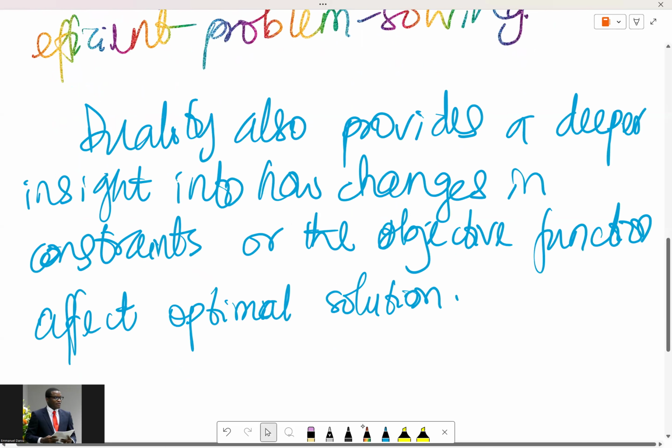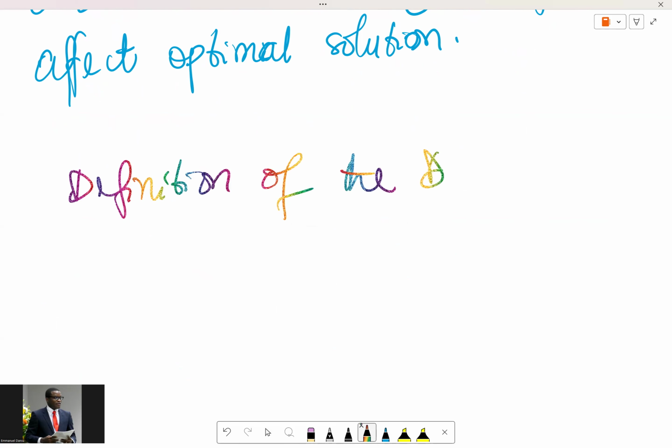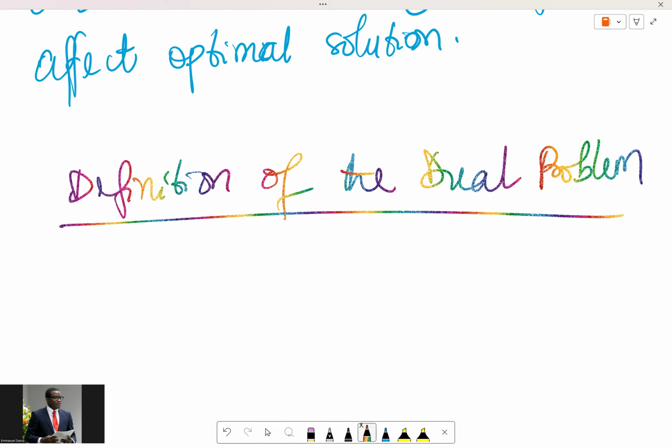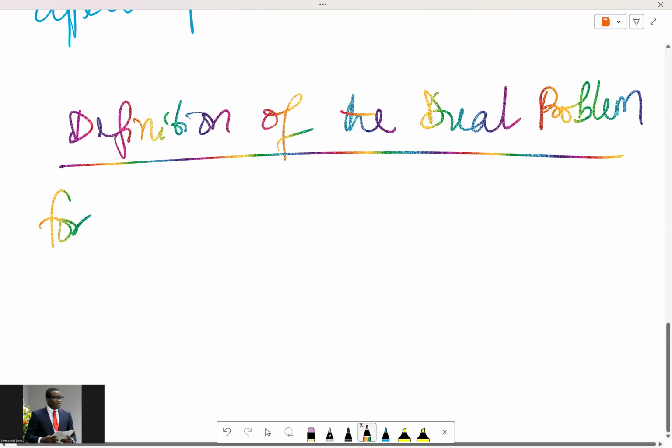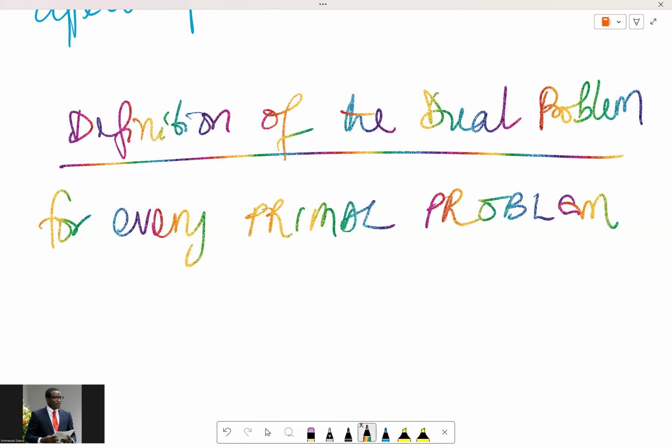So let's see the definition now. What is the definition of the dual problem? For every primal problem, let me just keep emphasizing, for every primal problem, there is a corresponding dual problem.